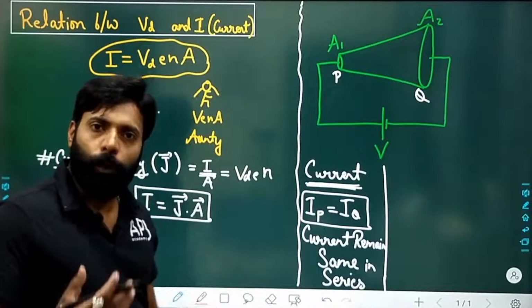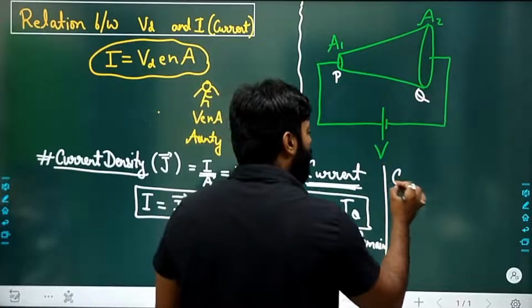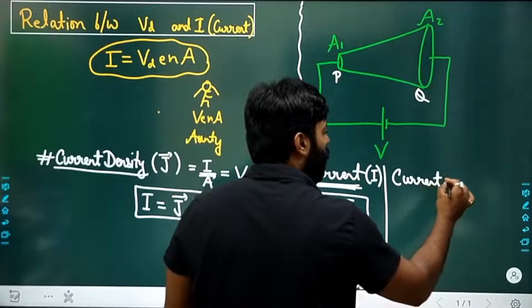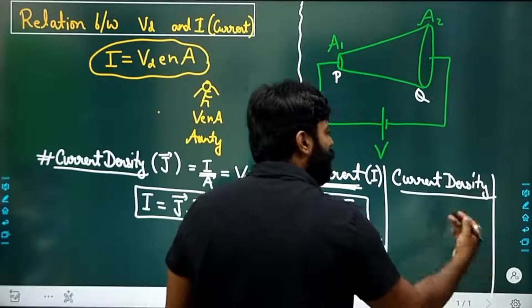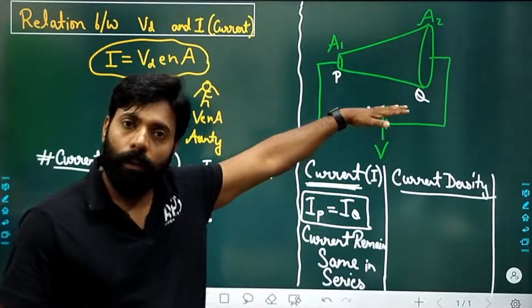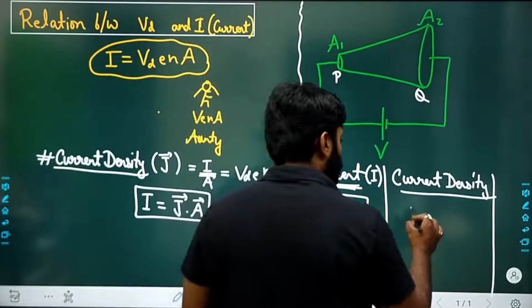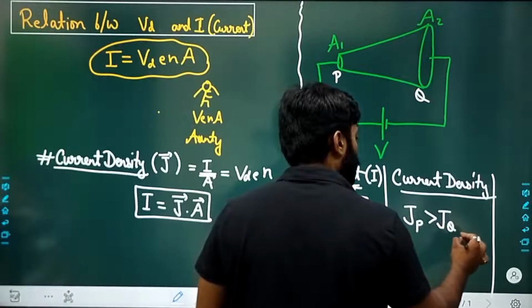Now what will happen to the next part? We are done with the current. What will happen to the current density J? We know that this area A1 is smaller, right? Current is the same. So I can tell you that JP will be greater than JQ.